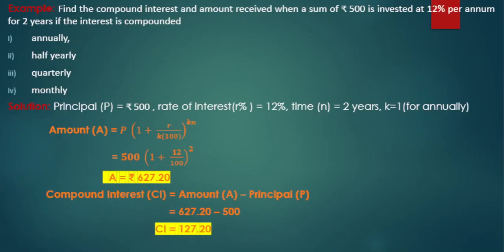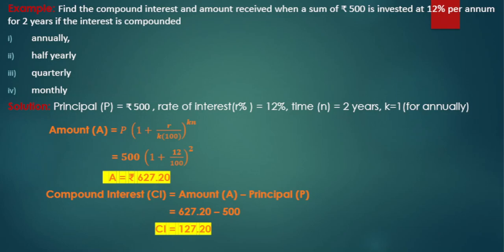Here is the example in which we have to find the compound interest and the amount received when a sum of rupees 500 is invested at 12% per annum for 2 years, and firstly the interest is compounded annually.